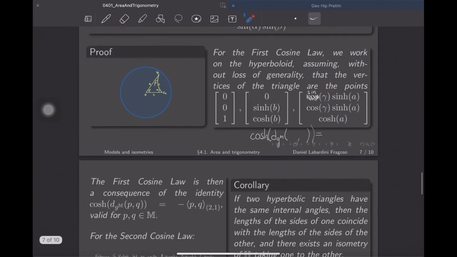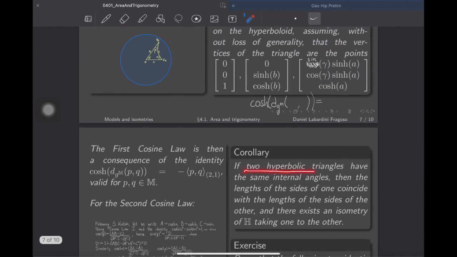All I know about the two triangles is that they have the same internal angles. And the conclusion that I can draw is that their side lengths coincide. So it's not the case that I can think of one of them as a rescaling of the other. They really must have the same length. And not only that, one can be mapped onto the other by a Riemannian isometry.